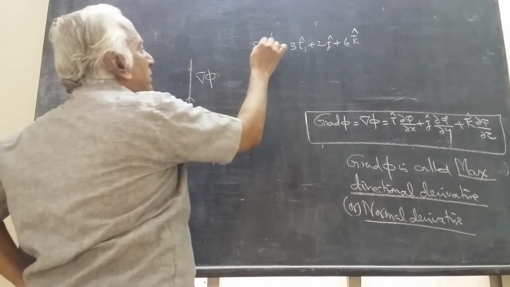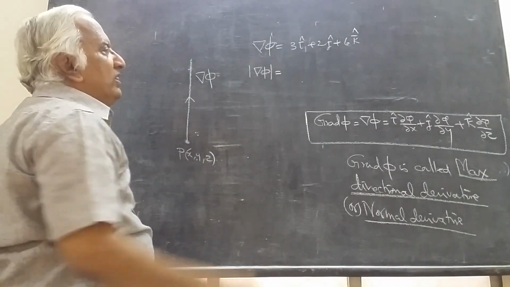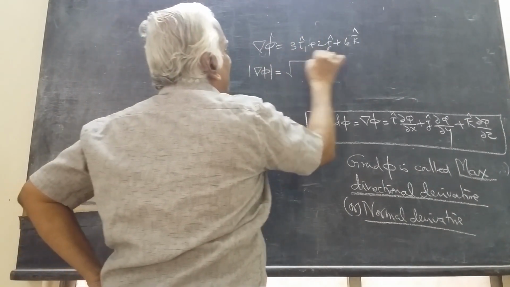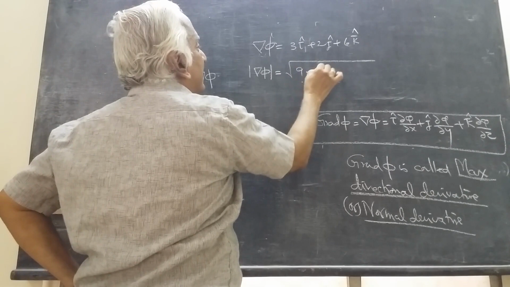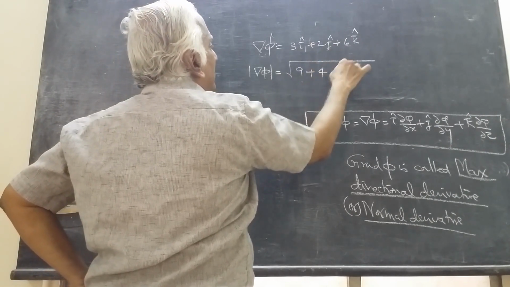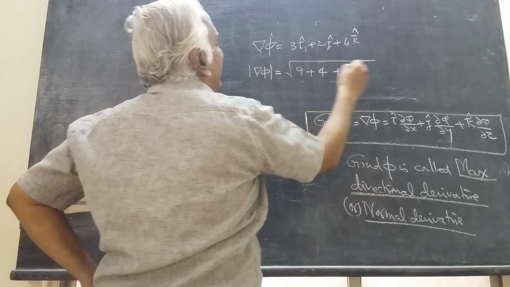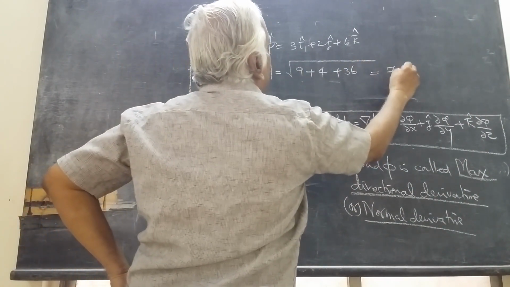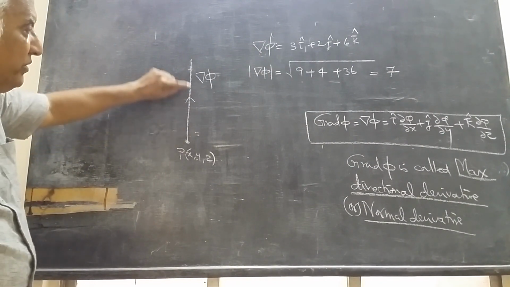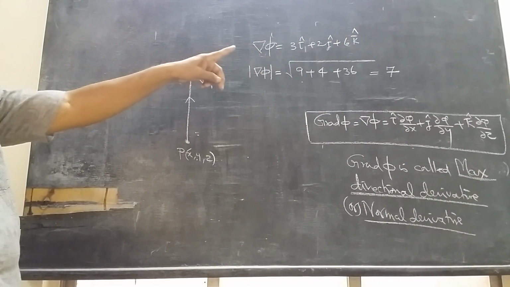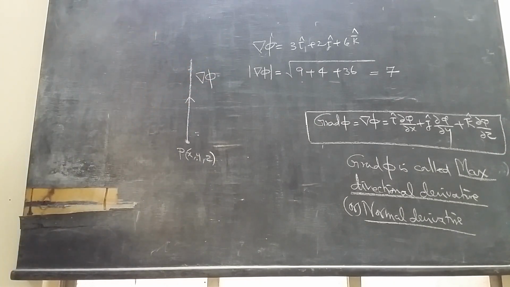The magnitude is the modulus of del phi: root of 3 square 9, 2 square 4, 6 square 36, which is 49. Root of 49 is 7. That means if you go in this direction, the function will increase 7 units per unit length.